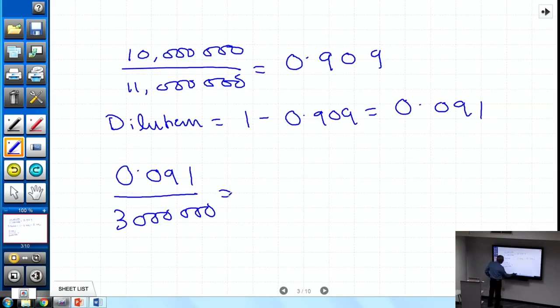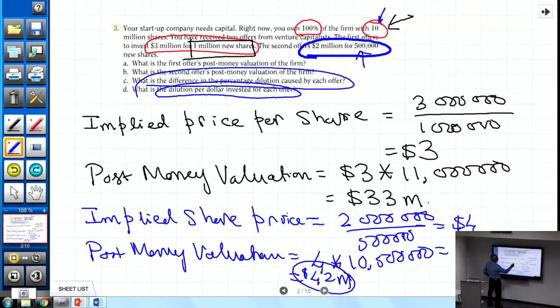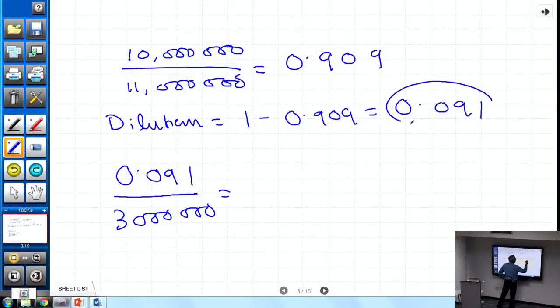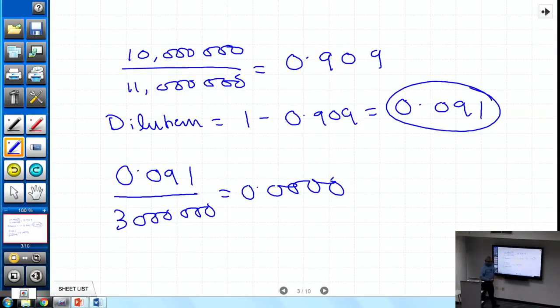So 3 million is this number, and the dilution, we just calculated that, 0.091. We divide that, and that gives us 0.0000303.